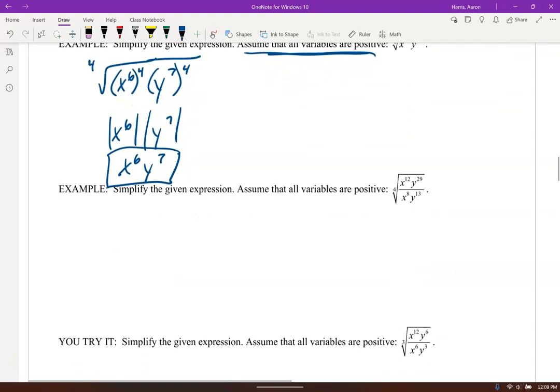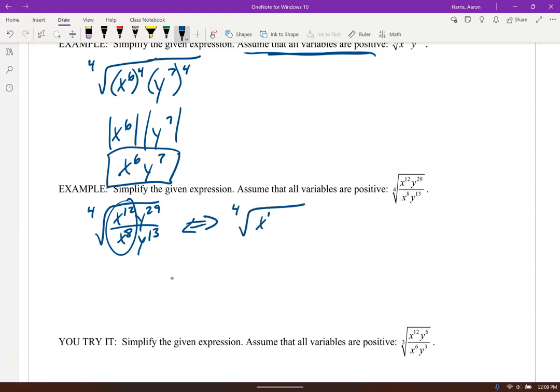Okay. Let's do this one. 4th root of, I would simplify this first. I have x to the 12th, y to the 29th over x to the 8th, y to the 13th. So let's do 12 x's on the top, 8 on the bottom. I'm left with 4 x's on the top. Now let's do the y's. 29 y's on the top, 13 on the bottom.